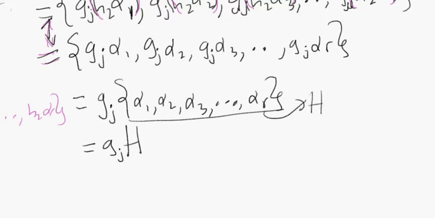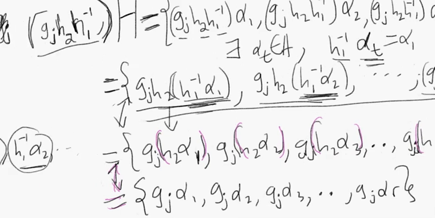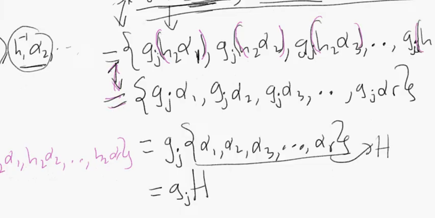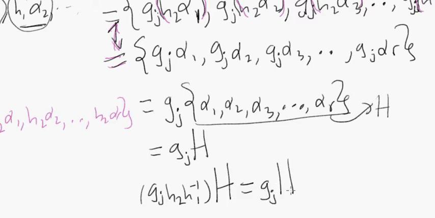Okay, so what have we just established here? We've just established the following, that Gj H2 H1 inverse multiplied by H, the coset formed, is the same as the coset Gj H. Okay?